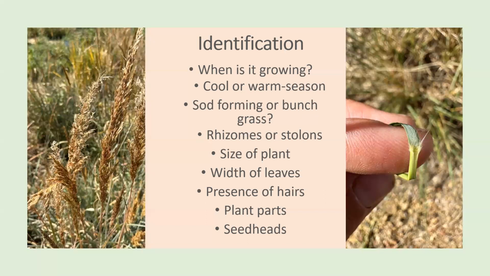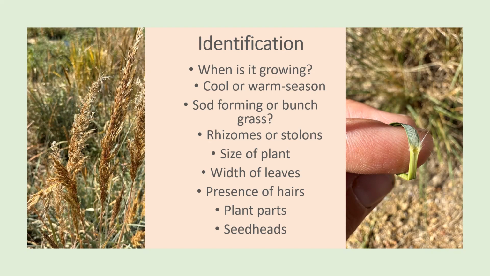Identification of grasses is difficult to do online, so I'll briefly talk about some of the things you're going to look for, and then I'll share one publication I really like to use that has really great pictures. When we're looking at grass identification, the first thing is to determine, is it a warm or cool season grass?